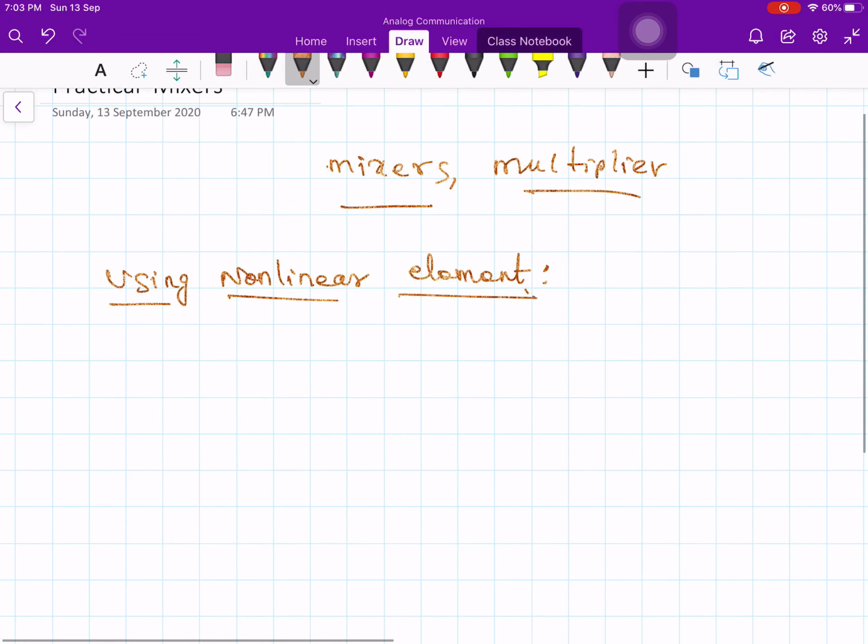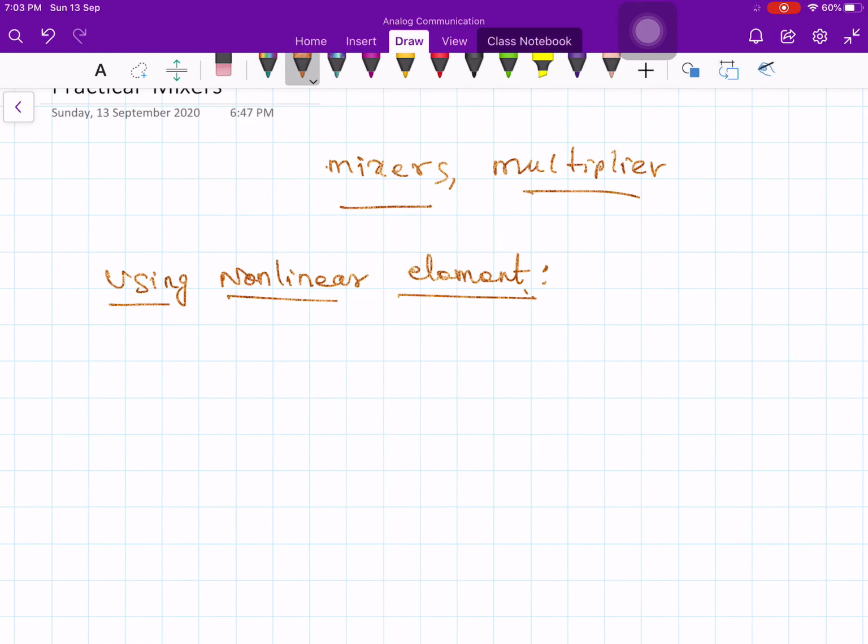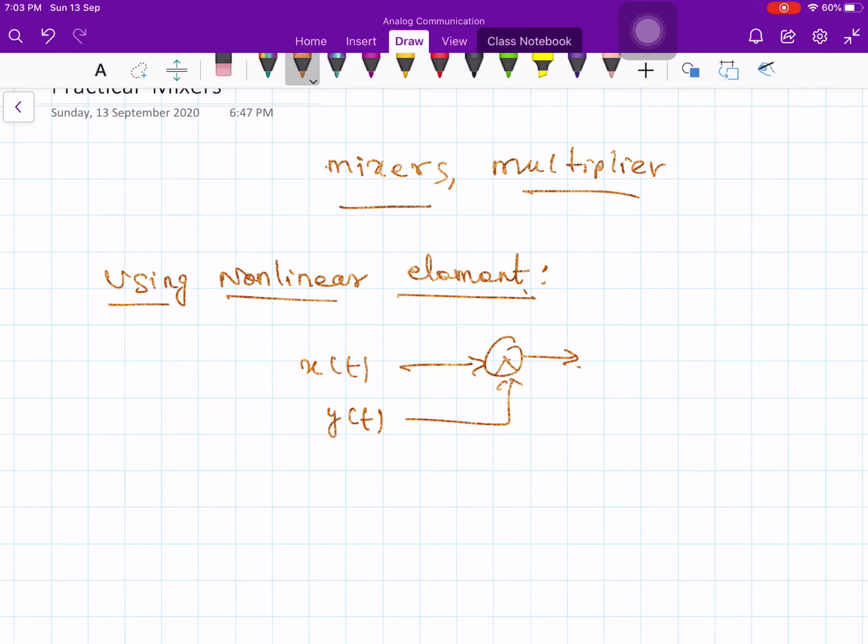For example, we want to multiply two signals. Let's say I have x of t and y of t, and these two signals I want to multiply. Let us say x of t is your message signal m of t, and y of t is your carrier signal cos omega_c t, in order to get, let's say, the DSB-SC signal.